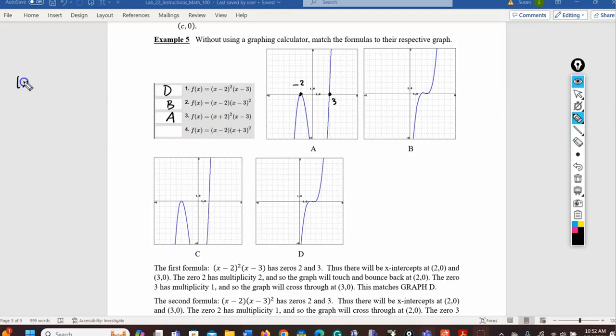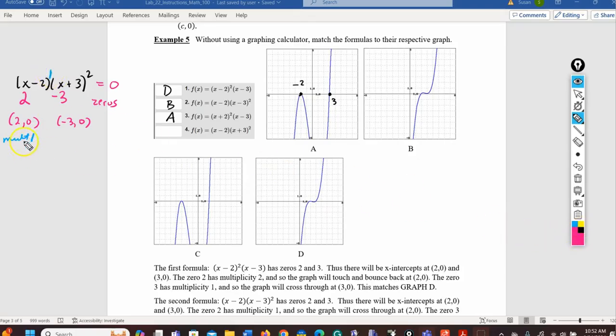So the last one is x minus 2 times x plus 3 all squared. What are the zeros? Set it equal to 0, solve for x. If x is 2, it'll make the whole thing 0. If x is negative 3, it'll make the whole thing 0. So I'll have x-intercepts 2, 0 and negative 3, 0. Now, what about the multiplicity? This has multiplicity 1.